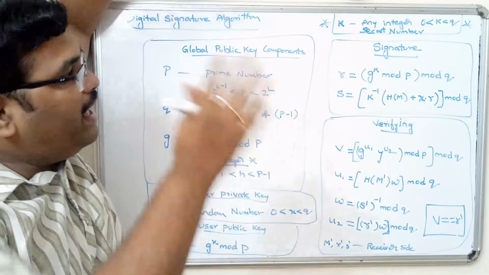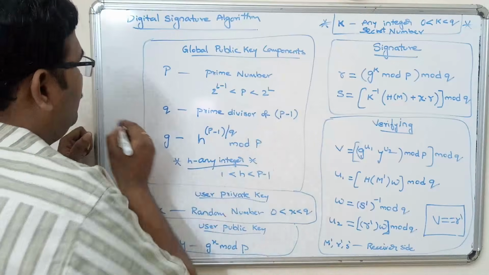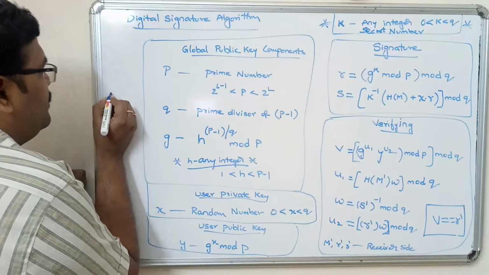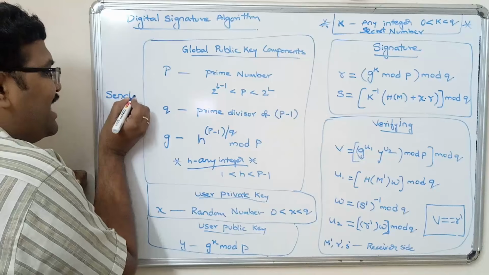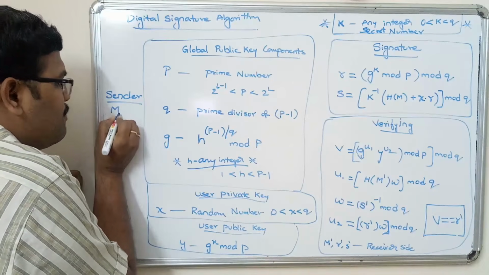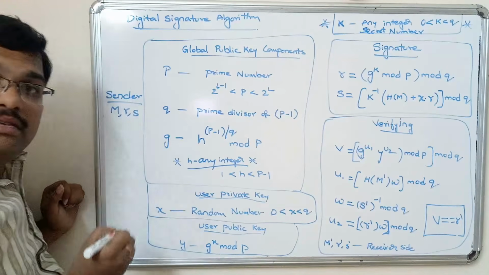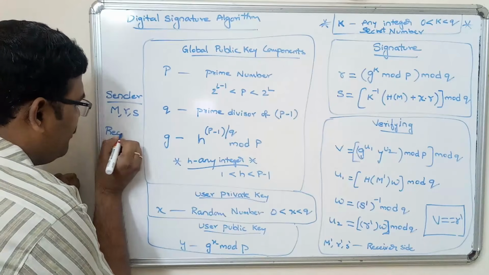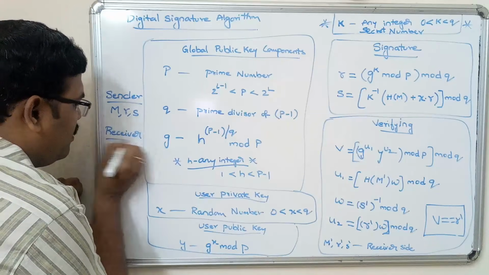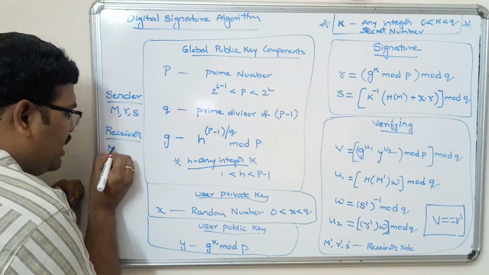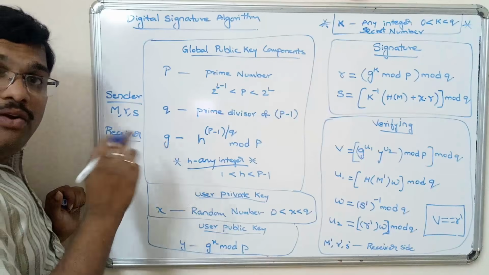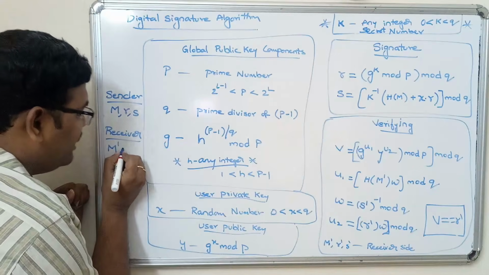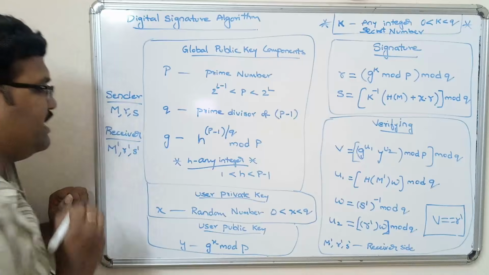I am writing here, at the sender side we will send M, R, S. At the receiver side, the notation of these components will be changed to M dash, R dash, S dash.